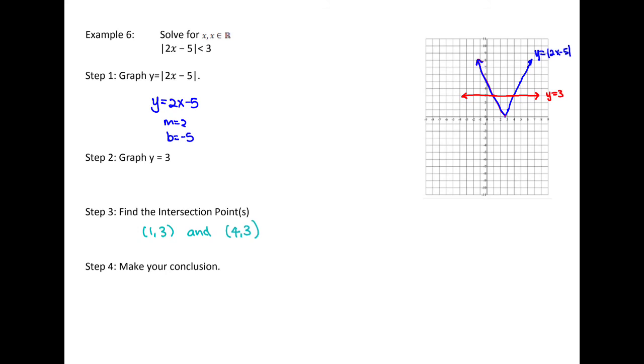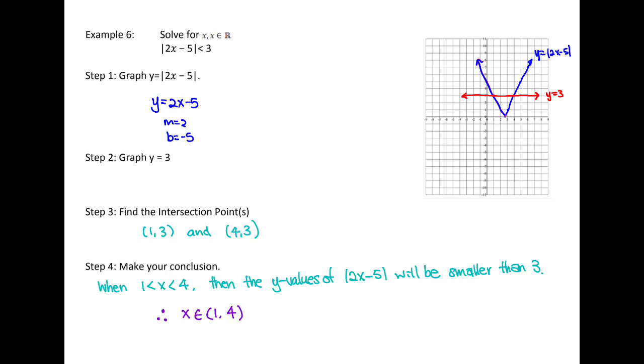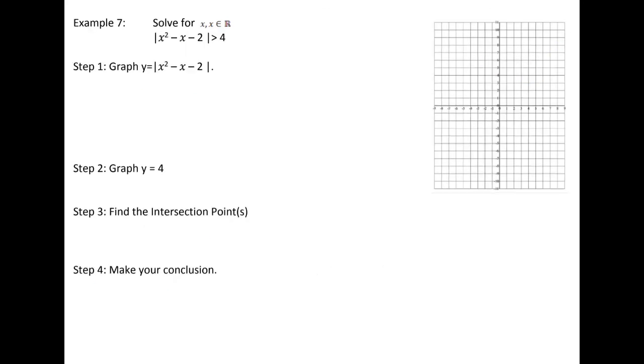Therefore, the x value must be between 1 and 4, so we say x is an element of (1, 4). Please note that we cannot use square brackets at 1 and 4 because y values can never be equal to 3.